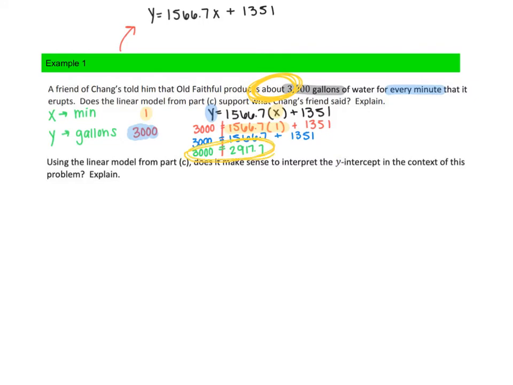Yeah. Our linear equation supports that. It is very close. So he's correct. It is about 3,000 gallons per minute. It is roughly 3,000 gallons per minute. That number is supported by our equation.